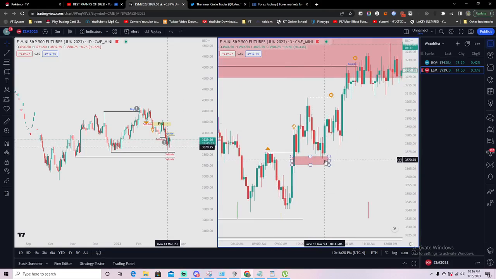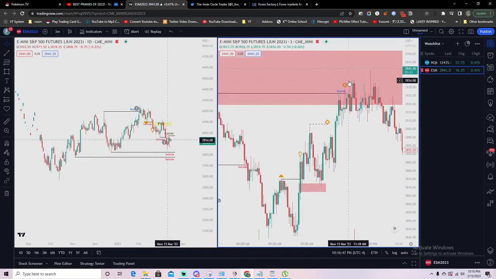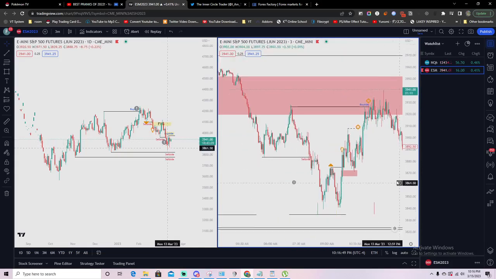Okay. Retraces it just barely. It would have been ideal if I had a limit order here, so I could have gotten placed into the trade. And if I had my limit order right there, then I could look to take partials right here at this high, or even at that level of buy side liquidity.